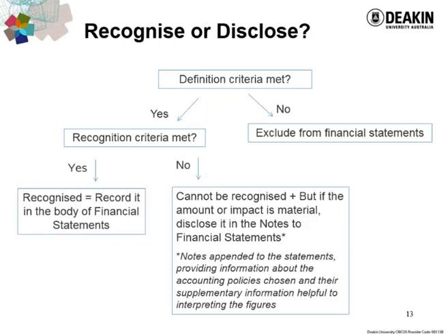And again, the concept of materiality requires a degree of professional judgment. And what are notes to financial statements? Notes to financial statements are information explaining accounting policies or methods, and additional information that will be useful for users to interpret the financial statements.